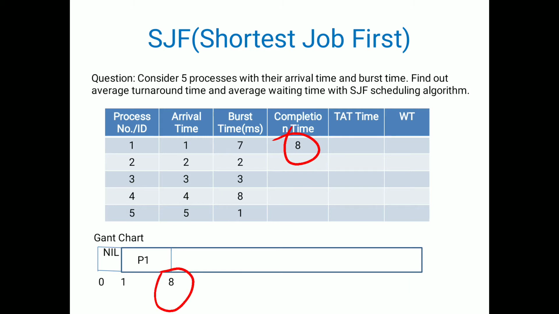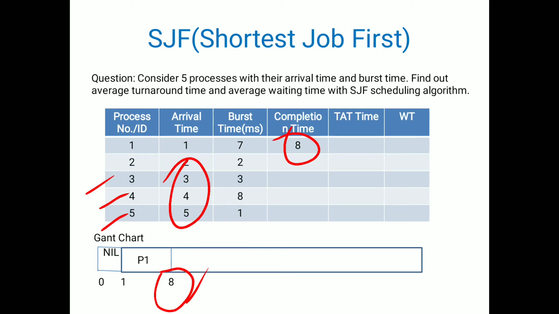Now at time 8 we have to check how many processes have come into the ready queue. At time 8 all the processes are already in the ready queue, because for P2, P3, P4 and P5 the arrival times are 2, 3, 4 and 5, which are within the 8 milliseconds.